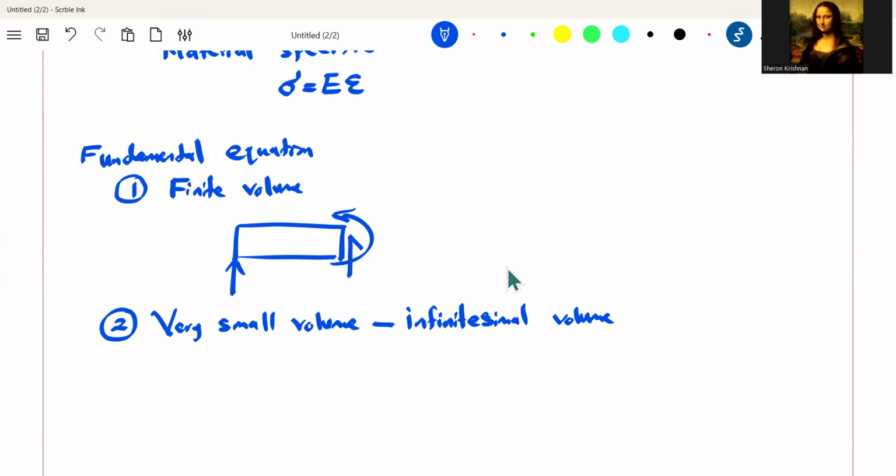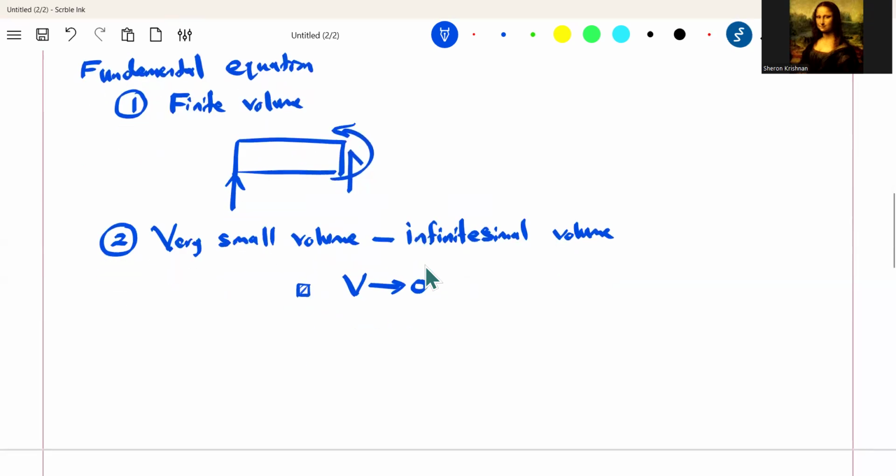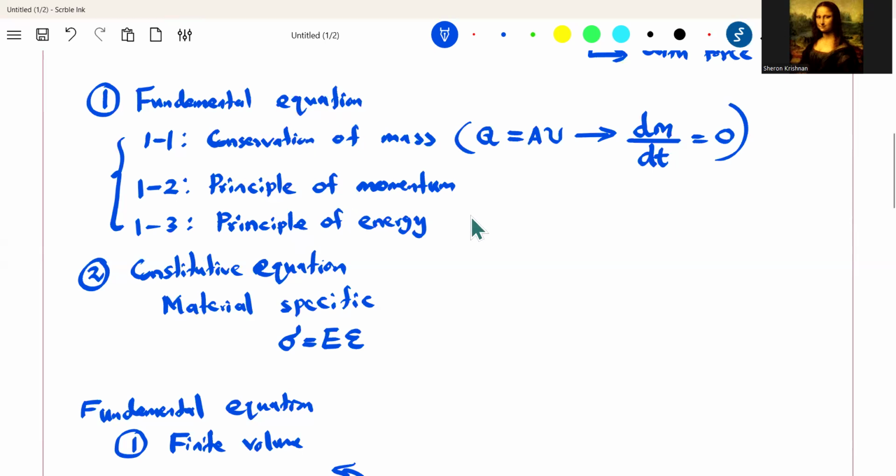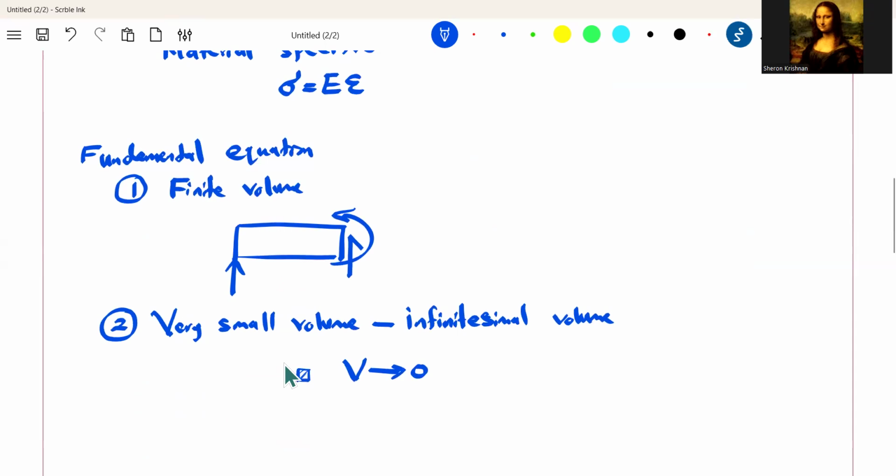So in this case, we consider very small volumes. That volume, let's say, tends to 0. So we apply some calculus techniques. We use differentiation, integration, those things. For the infinitesimal element, we apply these equations.